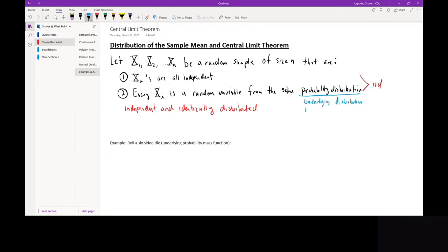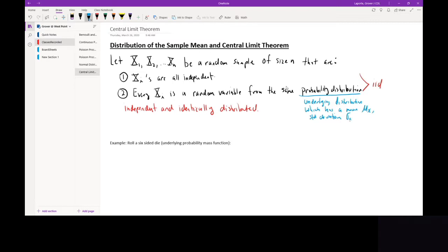And it has a mean itself, and the way I'm going to differentiate each one of these is to say that this is the mean, mu x, and it has a standard deviation, sigma x.